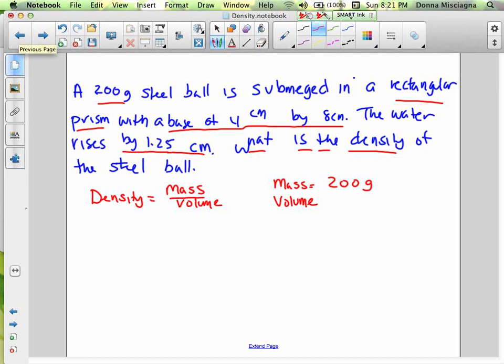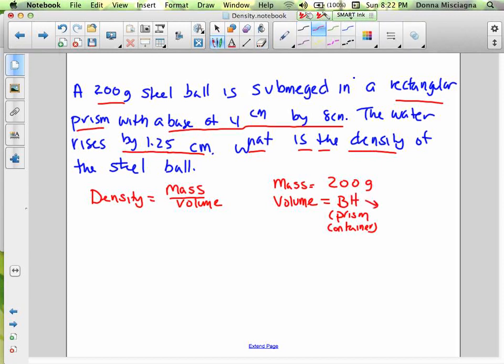So the volume for the steel ball is going to be the area of the base of the prism container times the height of the prism container.